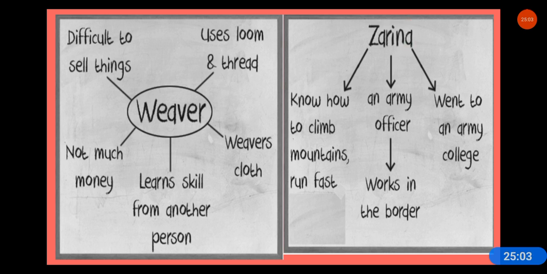So we are talking about the condition of women. Earlier, women were not allowed to work, but now women are performing better in many fields, like in the army also. In the army, women were not allowed, but now women work as army officers, and Jarina is one example, right? She's an army officer. She works at the border, and she went to an army college.